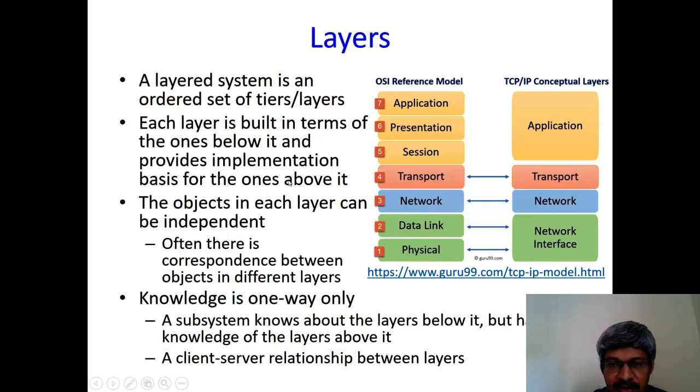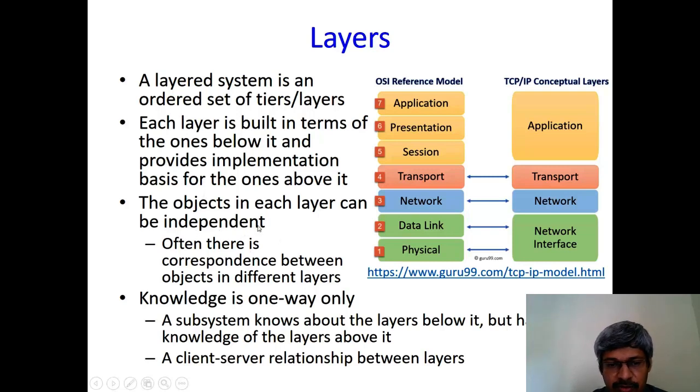And as we have discussed in the previous slides, there will be interfaces using which you can communicate. So coming back to this layered discussion, as far as object-oriented system design is concerned, the objects in each layer can be independent.